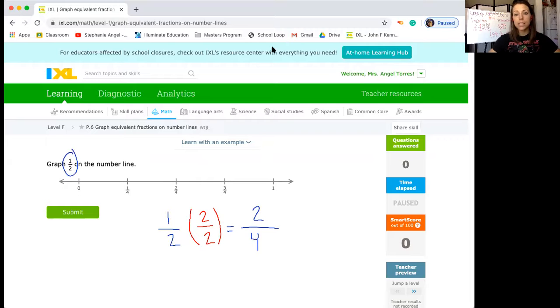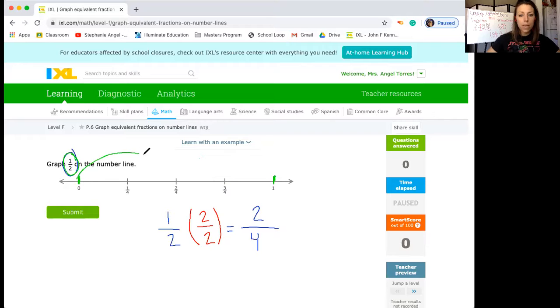Now the other way to do this is actually just to use the number line. So I know from 0 to 1, if I was to graph 1/2, I would be making 2 equal sized jumps to get from 0 to 1. So if I jumped like this and then there, are those equal sized jumps? I don't think so. Or if I jumped like from here to there, are those equal sized jumps?